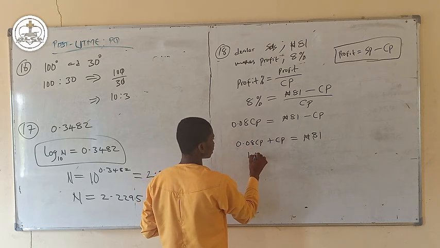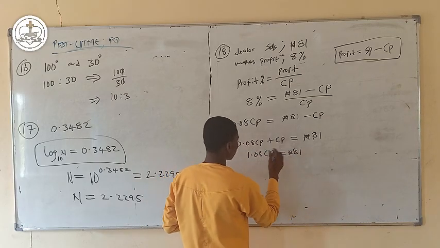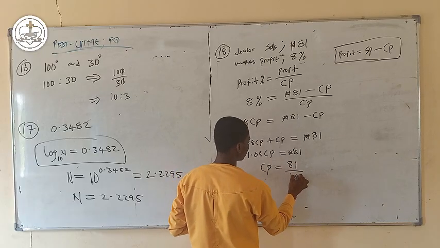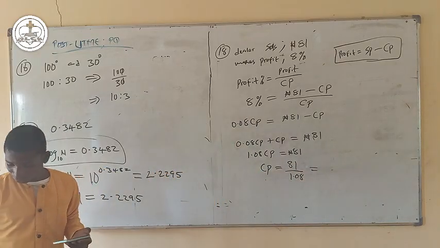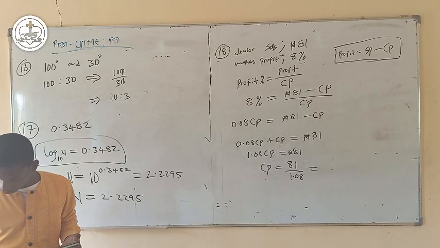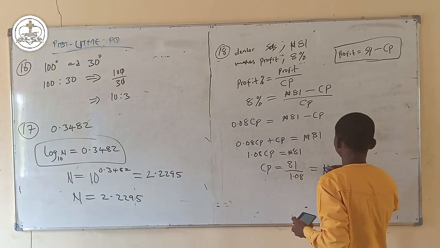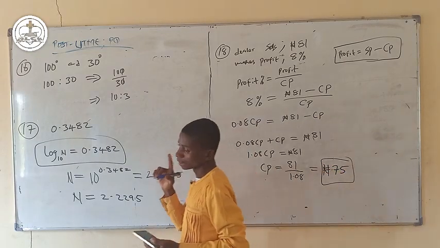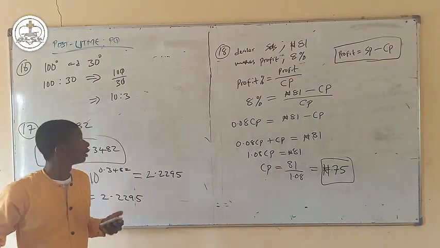So this is going to be 1.08 cost price is equal to 81 naira. So the cost of the bicycle is 81 over 1.08, which gives us 75 naira. So the cost of the bicycle was 75 naira. So now we'll move to our next question.